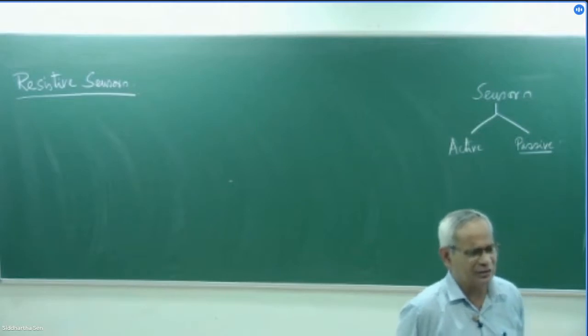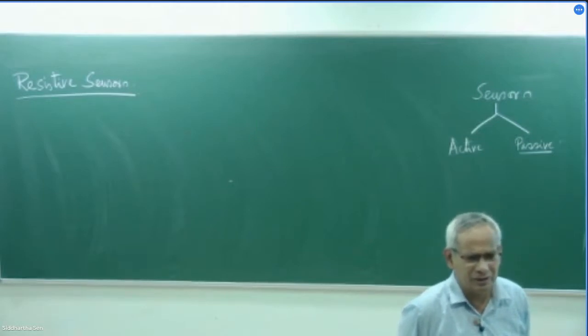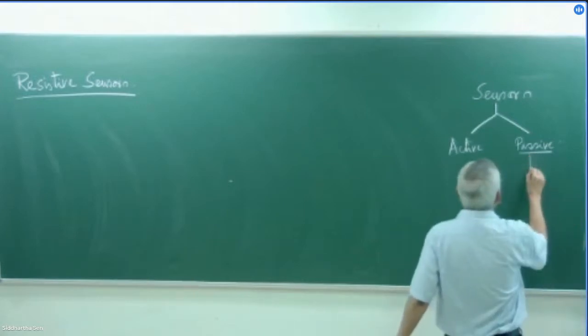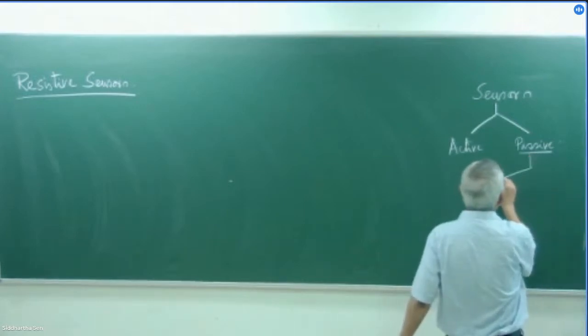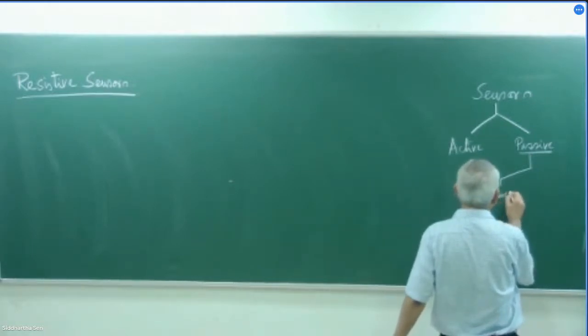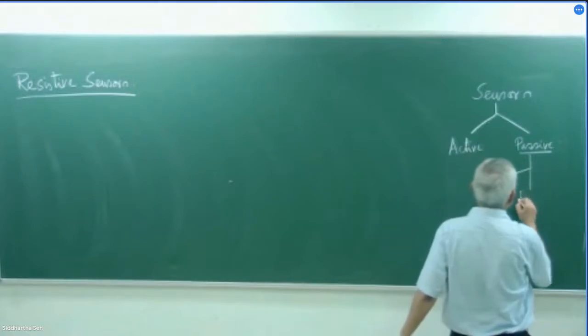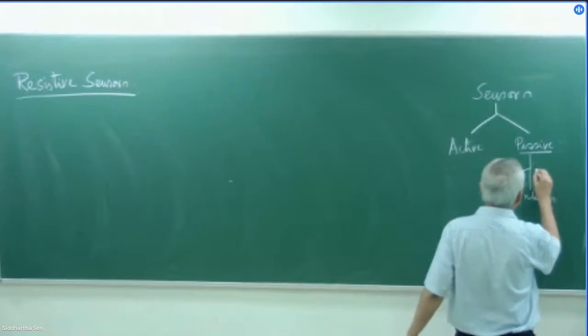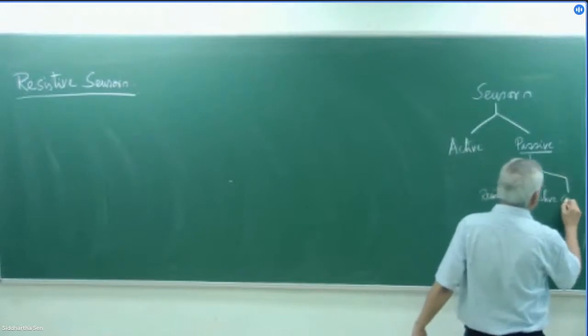It may be resistive, it may be inductive, it may be capacitive. So we can group the passive sensors into three types. One is resistive, one is inductive, and one is capacitive.